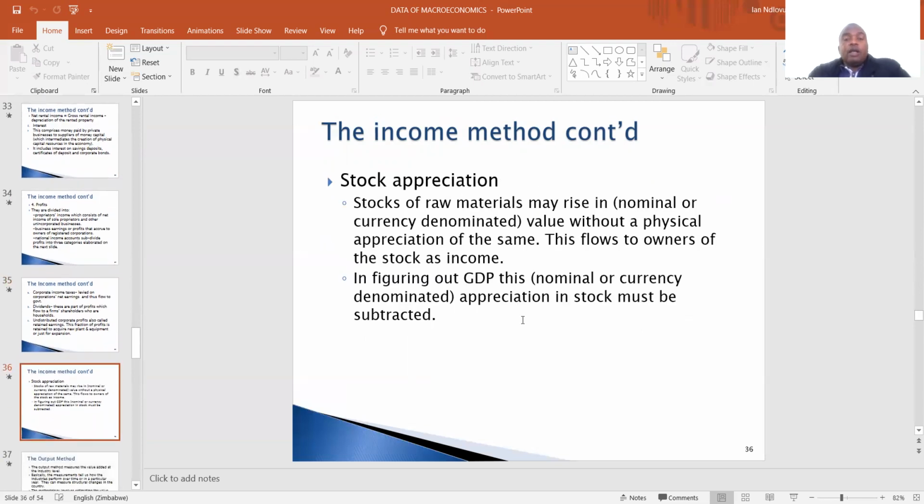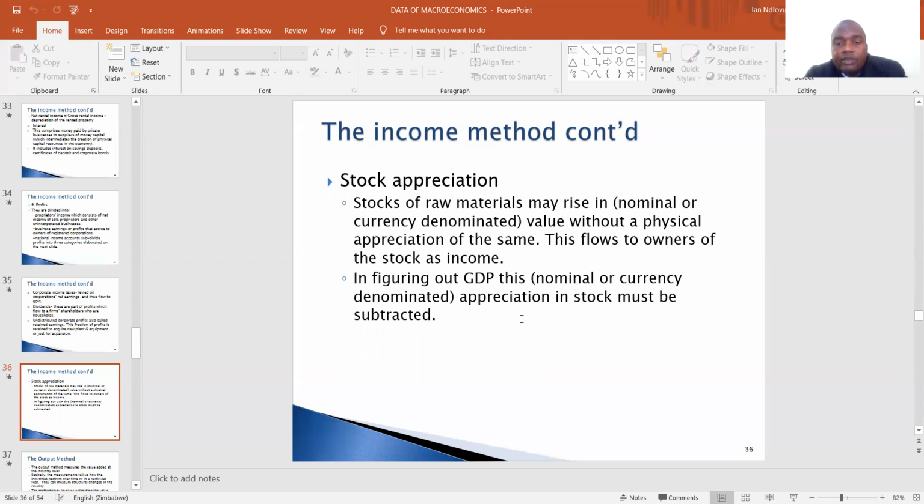And then we've got stock appreciation under the income method. Stocks of raw materials may rise nominally, or in currency denomination terms. They may rise in value without a physical appreciation of the same. This flows to owners of the stock as income.